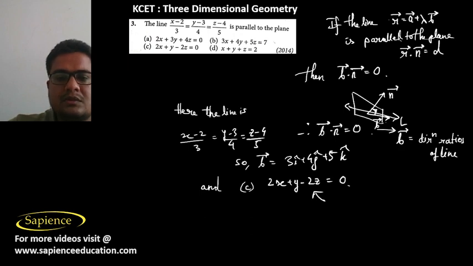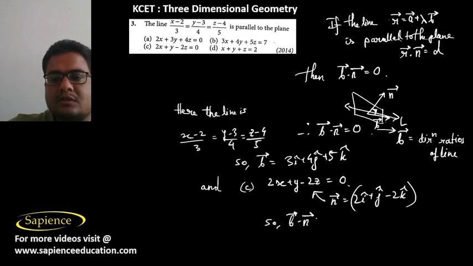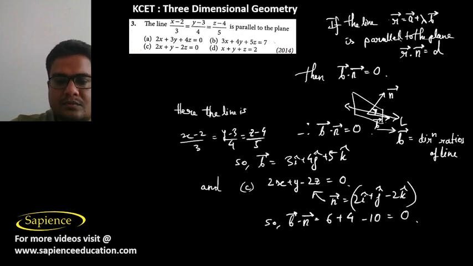So the normal vector to this plane is 2 i cap plus j cap minus 2 k cap. Now b dot n is 2 threes are 6 plus 4 minus 5 twos are 10, which is equal to 0. Therefore option C is the correct answer.